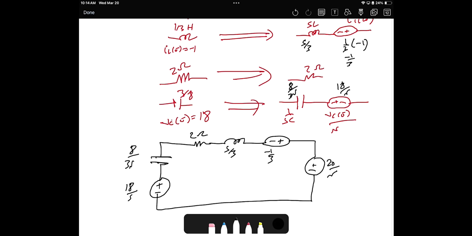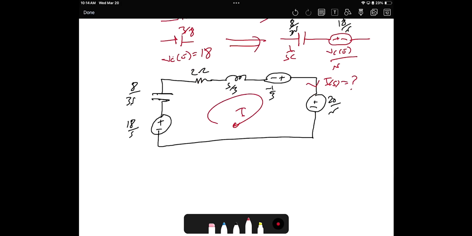After that, keep in mind we need to calculate the overall currents. So we will no longer say I of t, it is I of s. That's what we need to do. How to calculate I of s? Do KVL, right? Let's do KVL. Start from the left bottom corner, then travel clockwise.